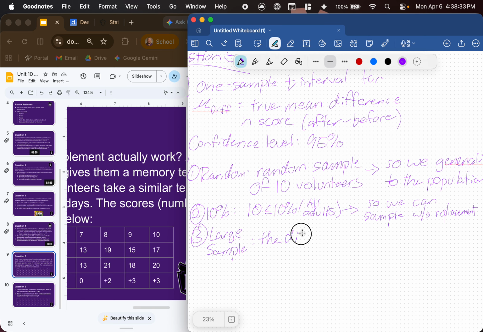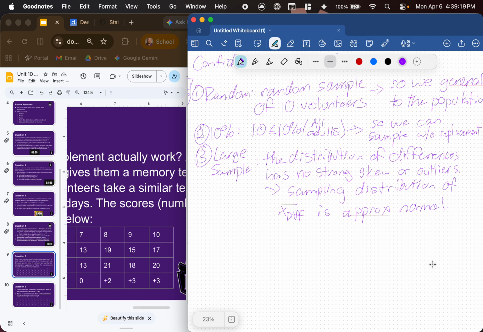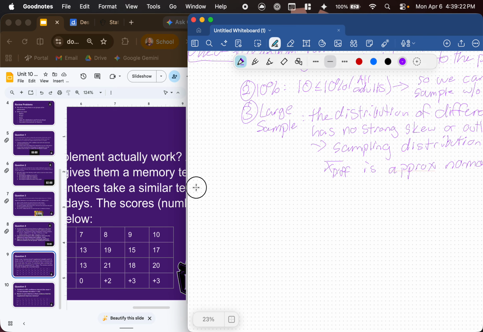So what we can say is the distribution of differences has no strong skew or outliers. And so the sampling distribution of our x-bar difference is approximately normal. All right, so now that means we're done with our checks.